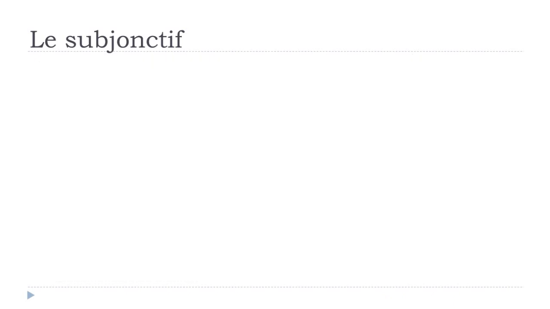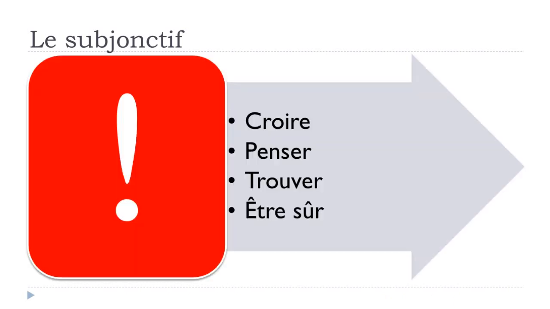All right? Be careful. The following verbs: croire, to believe; penser, to think; trouver, to find, especially when you express your opinion, I find that; être sûr. These verbs are normally followed by the indicative form, so all the tenses we saw so far.